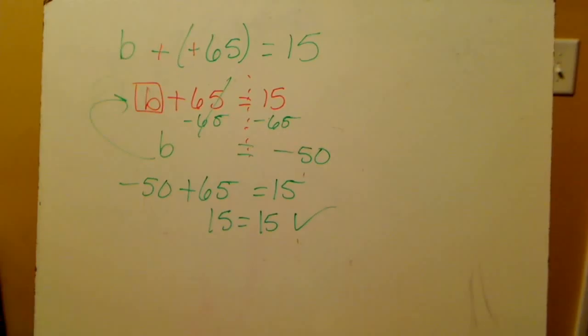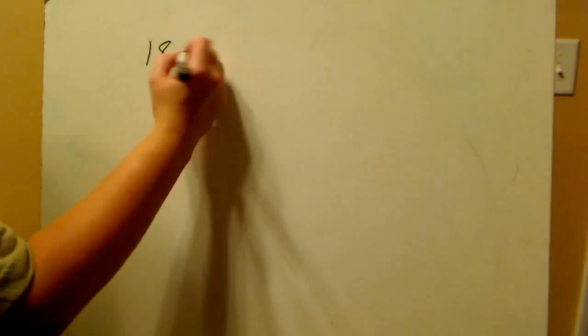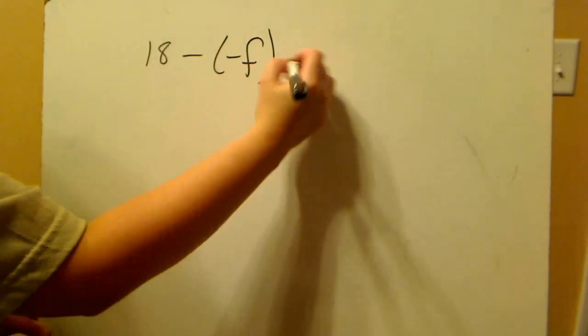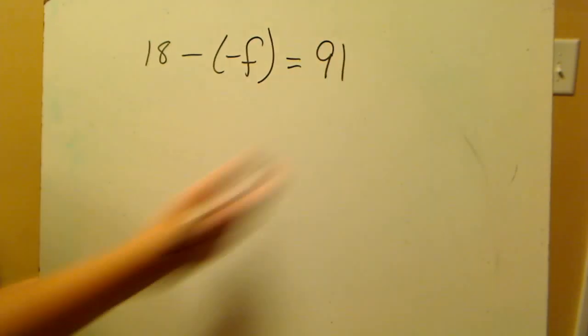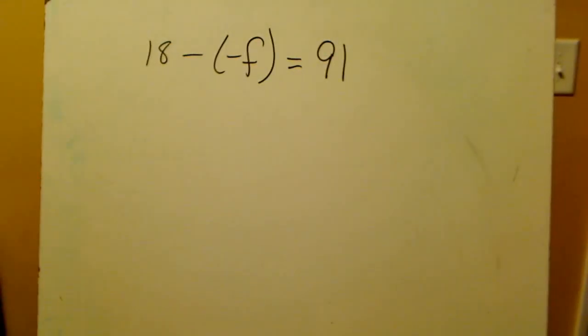One last problem just like that. In this case, the variable is one of our double negatives. So we have 18 minus negative f equals 91. Solve this one the exact same way as the problem you just did. Because we have two negatives next to each other, we're going to cancel them out, or add the opposite. So I'm going to change this problem and then rewrite it.